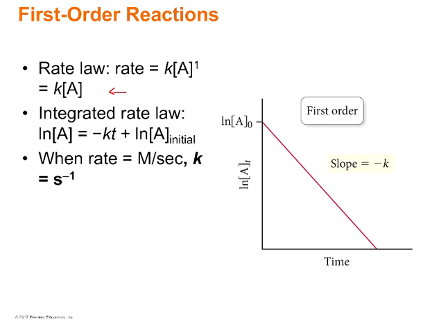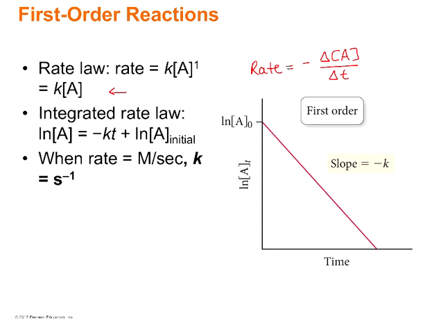So again, this is coming from the integration of our rate law. So let me find my notes really quickly. So remember, the rate is also equal to negative delta A over delta t.